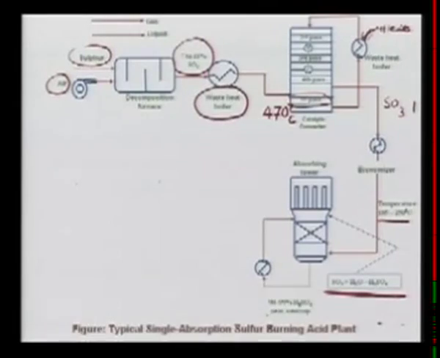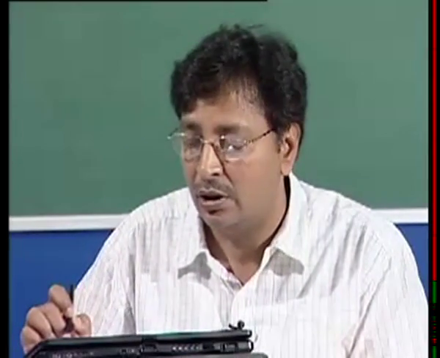The point here is that at this condition, 98 to 99% H2SO4, this is a near azeotrope situation. What is that azeotrope situation? Let's define. An azeotrope situation is when the partial pressure in the liquid, for the various dissolved species, is the minimum.